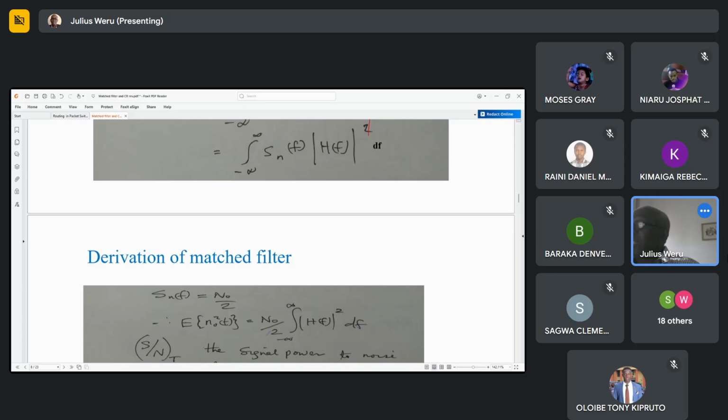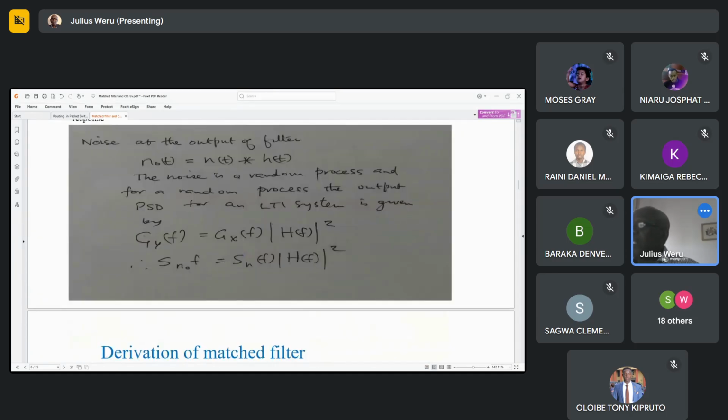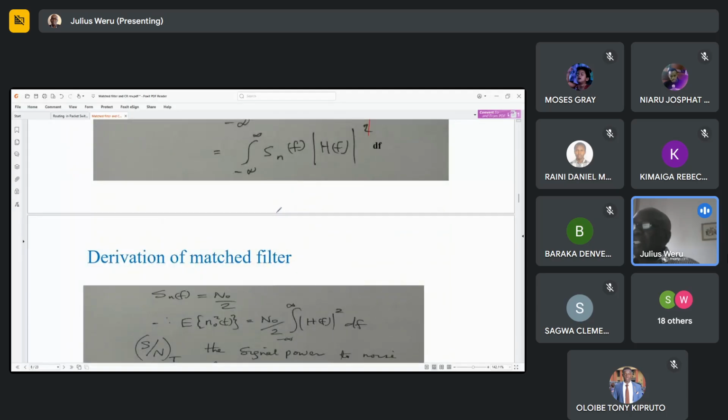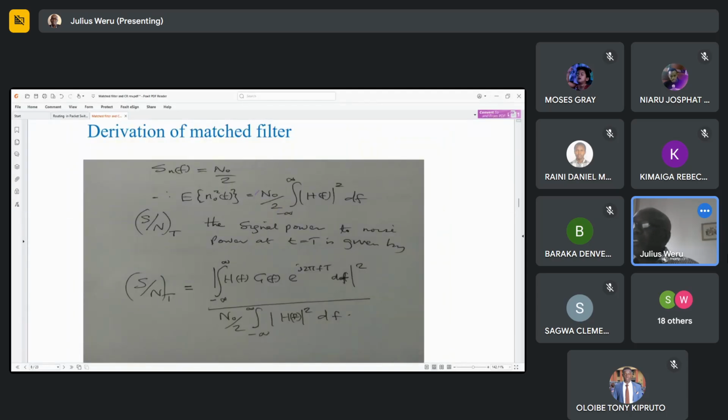This is the noise and this is the signal. So we have these two. This is the signal power, and this is the noise power. Now, of course, we have our signal to noise ratio.